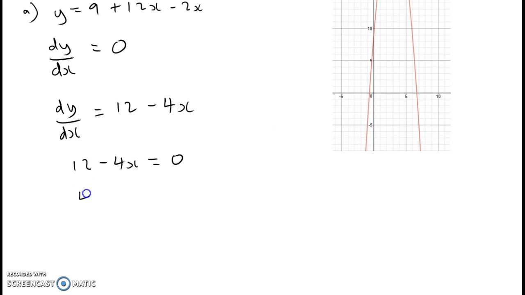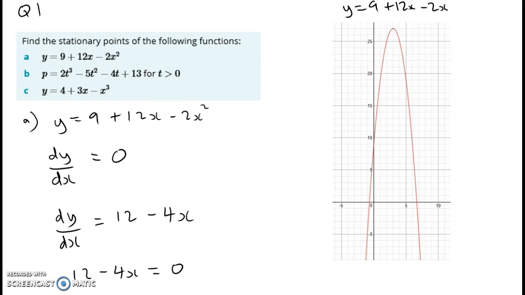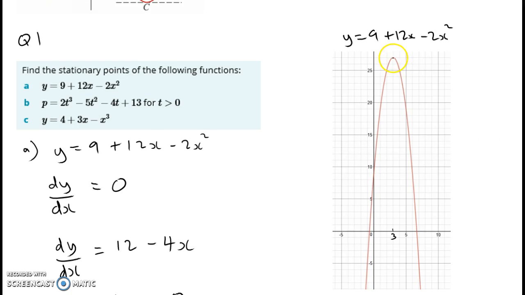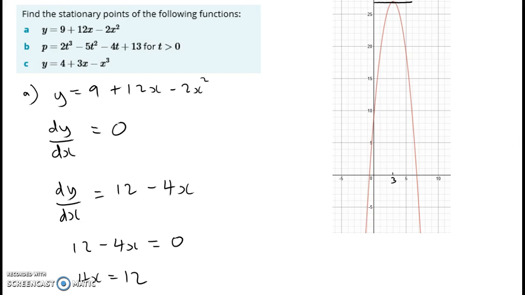We'll get 4x equals 12, so x equals 3. So in other words, when x equals 3, so over here on our graph, the gradient at that point, so up here, is 0, which is what we were expecting. So the tangent there would be a horizontal line with a gradient of 0.